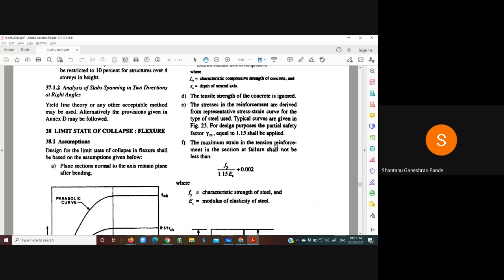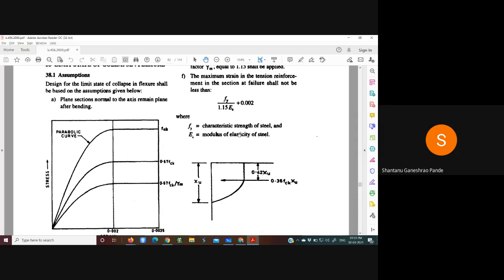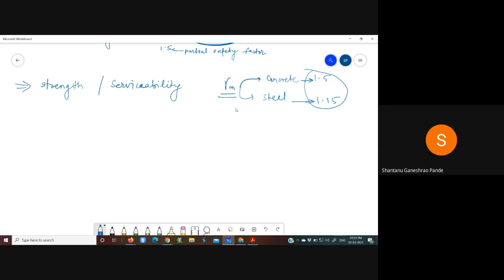The maximum strain in tension reinforcement in the section at failure shall not be less than Fy upon 1.15 ES, that is modulus of elasticity of steel, plus 0.002. So minimum this much strain will be developed in case of steel.